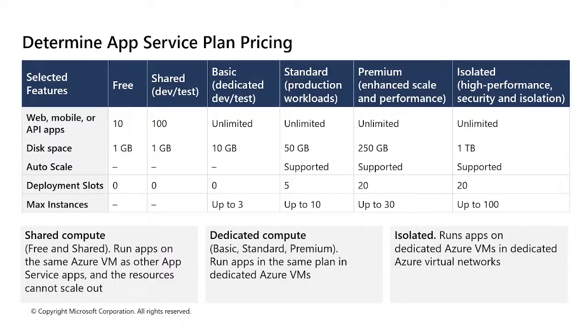So I can have dev, test, QA, production, or whatever, if it's environment based, or you just want to name it something else. So you can have a deployment slot and see your application in this particular slot before you switch over to the next slot, and you can have a maximum instance. That means you can scale out up to 10 instances.